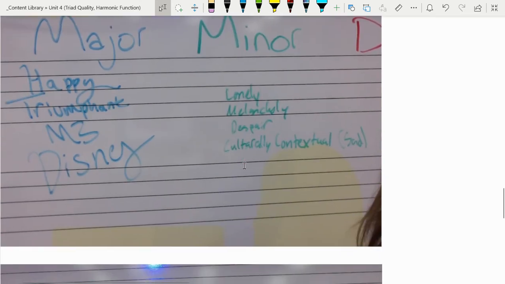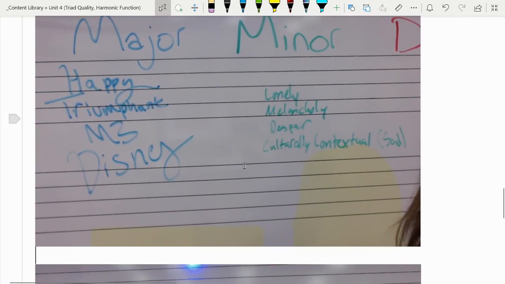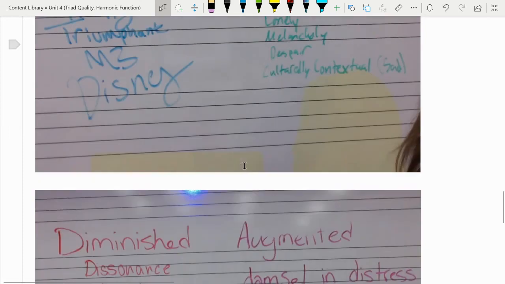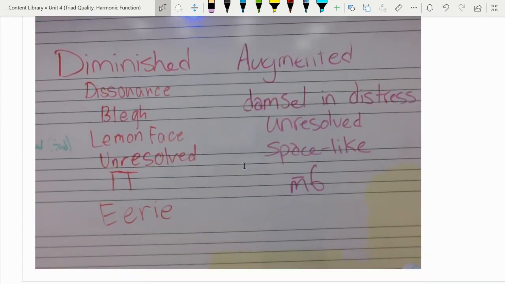These are just some words that people tend to associate with major: hearing that major third as happy, triumphant, versus minor. For diminished and augmented, these more dissonant intervals, the word dissonance is literally a good description. It's kind of a lemon sound, very sour, unresolved, eerie.